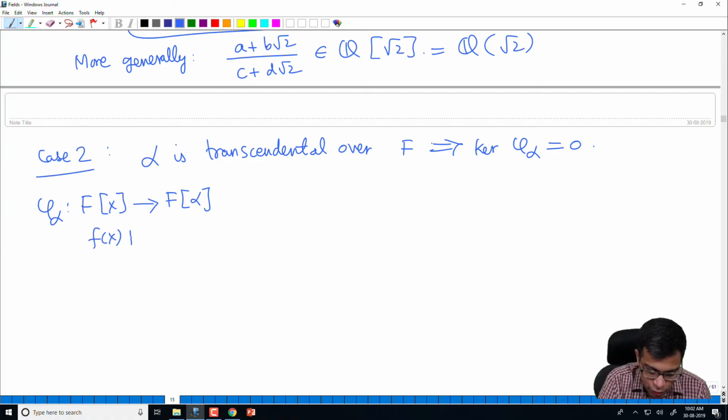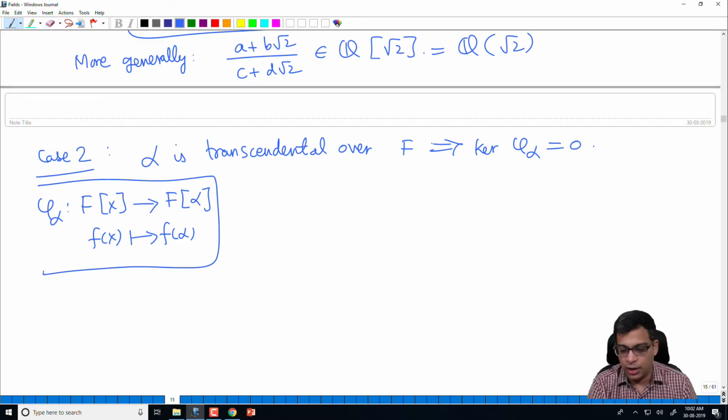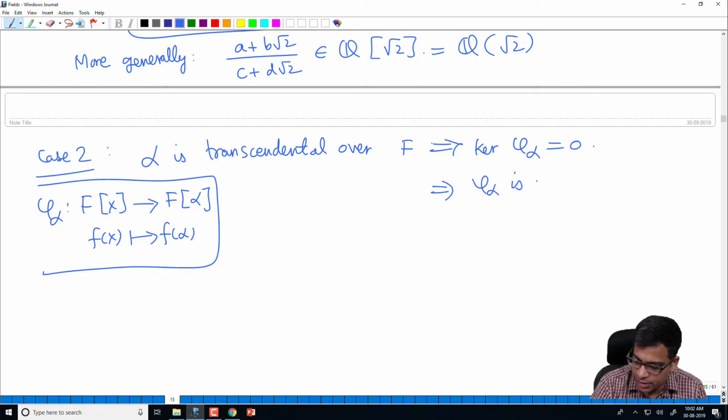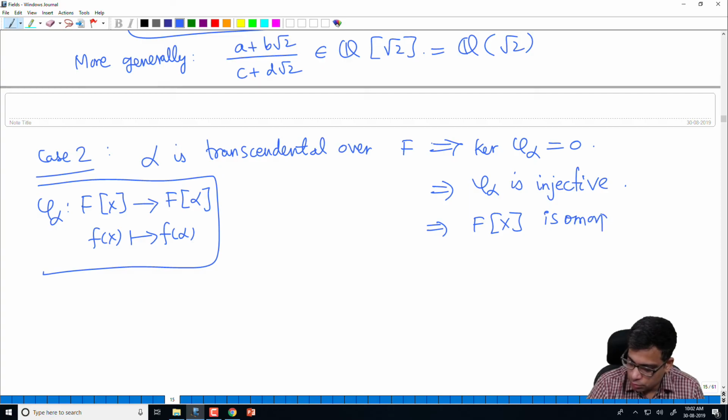It sends a polynomial to f(alpha). If alpha is transcendental, there is no polynomial which goes to 0, because there is no polynomial one of whose roots is alpha. So kernel of phi alpha is 0. That means phi alpha is injective. So that means F[x] is isomorphic to F[alpha], right?